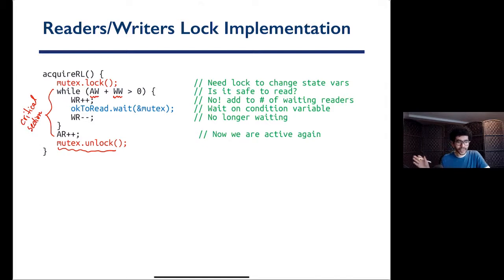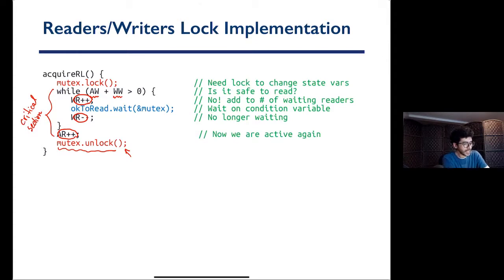The programmer has no idea that this mutex exists. So don't all of a sudden say, oh, why are you unlocking the mutex when somebody is going to go and read? Because this mutex has nothing to do with that database. These variables are the ones that we're using to ensure that this reader-writer lock behaves the way it should behave.